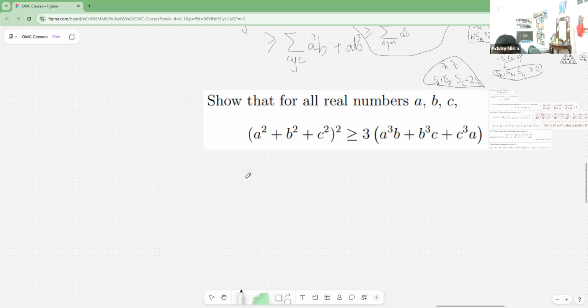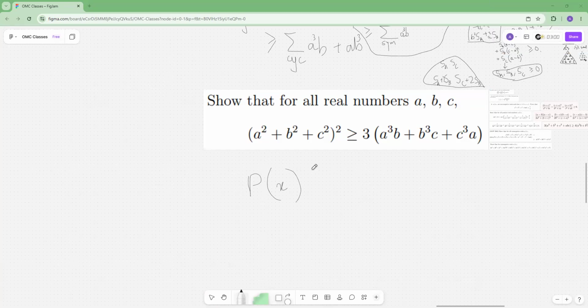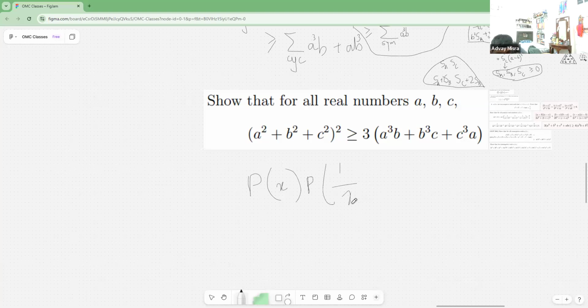And then another one which I like is that for a polynomial p, consider this thing.